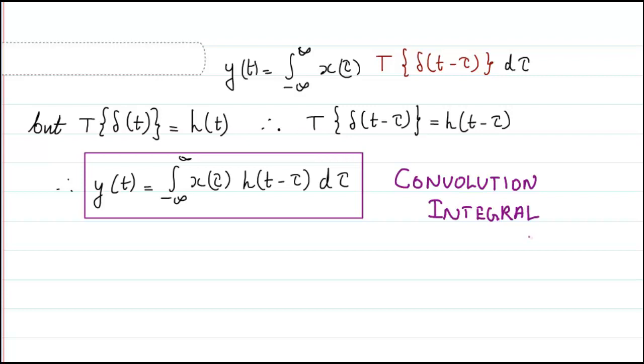This equation is to be used whenever you have the input x of t and h of t, and you want to find the output. So this is the basic equation. Is there a way to write this more compactly? Yes: y of t is equal to x of t convolution with h of t.